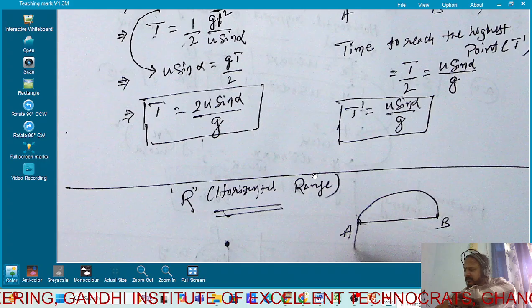Now, what is 2 sine alpha into cos alpha? What is the formula? Sine 2 alpha. So this is the formula for R. What is the formula for R?